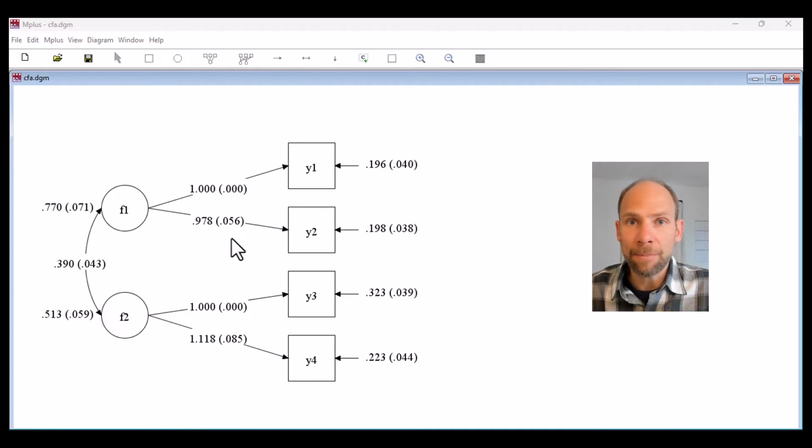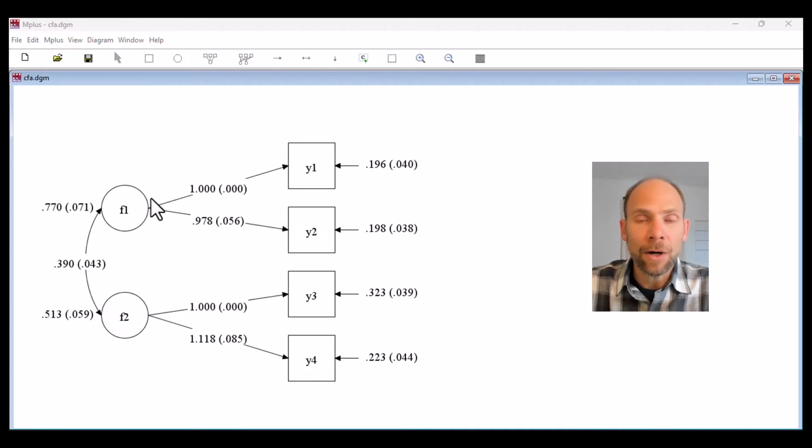So it basically doesn't make a difference whether you measure F1 in units from 0 to 10 or from 10 to 1000. It's completely flexible and arbitrary what metric F1 and F2 are measured in, what the units of measurement are.